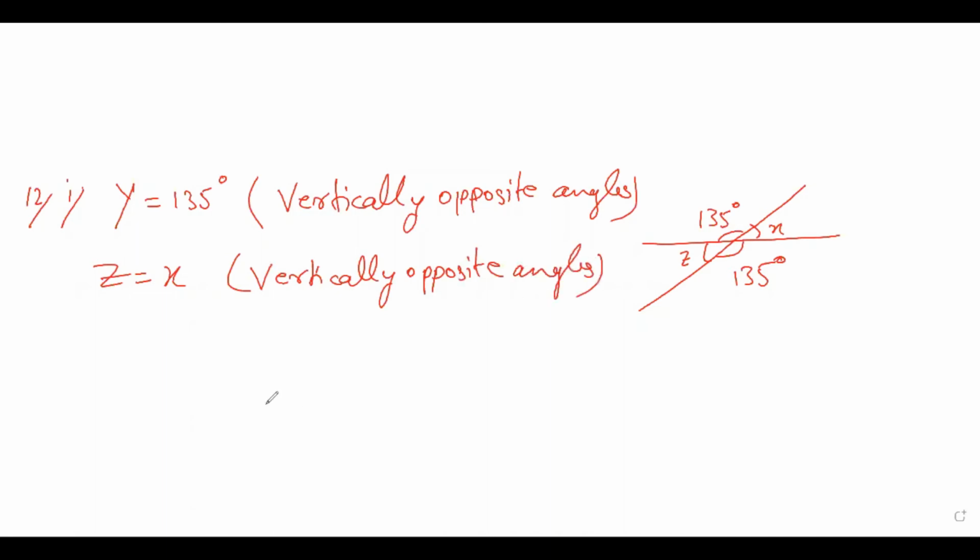So what we can say, the sum of angles on a point is equal to 360 degree.